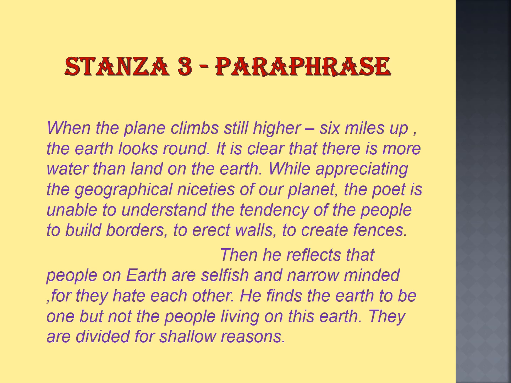Then he reflects that people on earth are selfish and narrow-minded, for they hate each other. He finds the earth to be one, but not the people living on this earth. They are divided for shallow reasons.